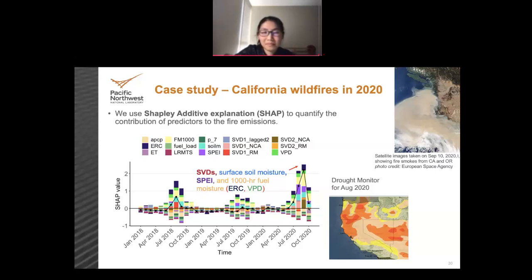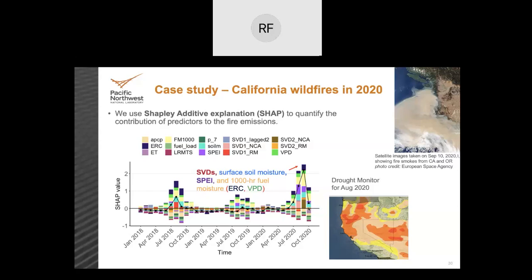I just had one suggestion too, on top of the energy release component, and I'm thinking back to Nancy's comments about the wind. You might want to also include the burning index as a predictor variable. When you think about a physical model of fire intensity, ERC is mainly fuel moisture, but the burning index adds the wind on top of that, and it might roll up all of those physical drivers of fire intensity and allow you to simplify your model.